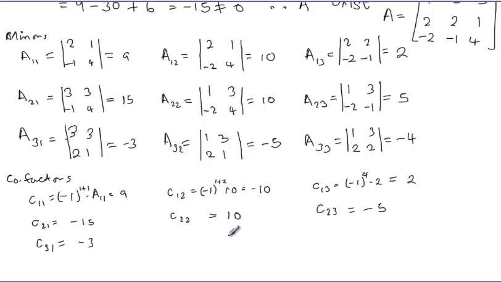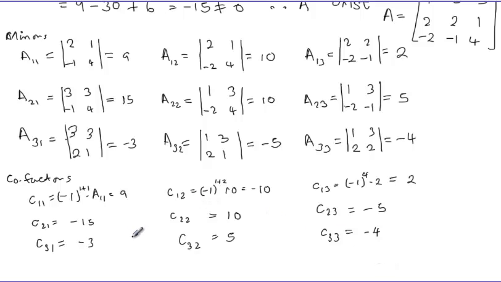Then this would be equal to 5. That will be C 3 2. Then coming here, C 3 3. 6 negative signs, that's positive. We come here, multiply by positive, we remain with our negative 4. Are we together?